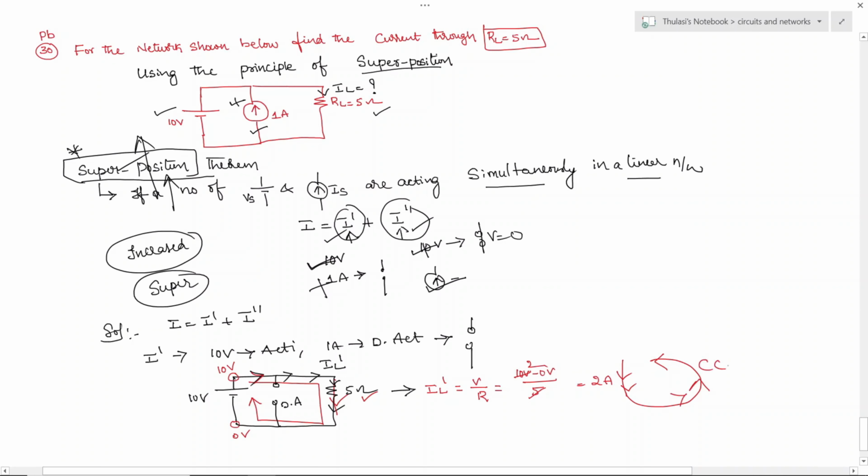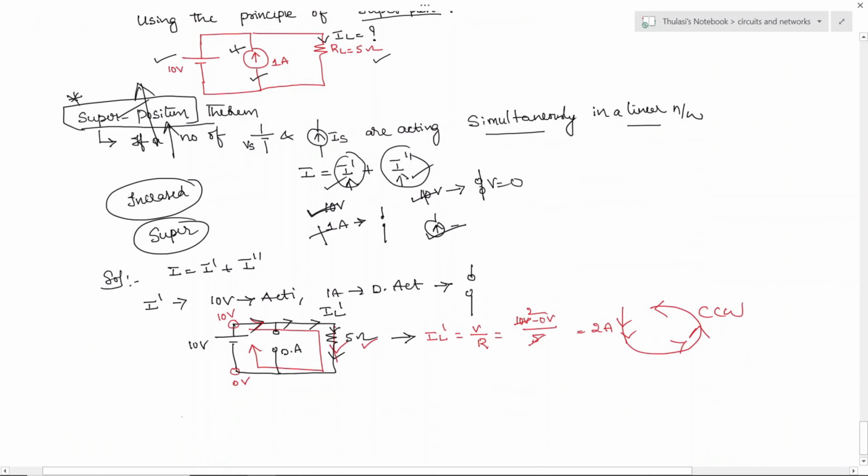Similarly, in the second step we are going to find I double dash. Here we have found I dash; now we find I double dash. As I already told, we need to short circuit the voltage source and make V equal to 0, and now the current source is in active state.